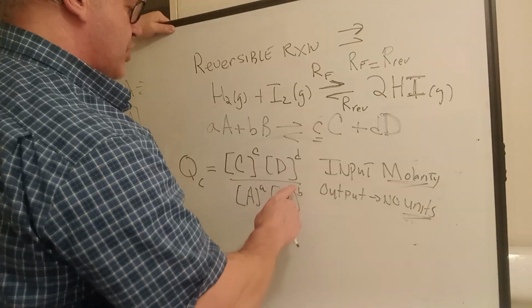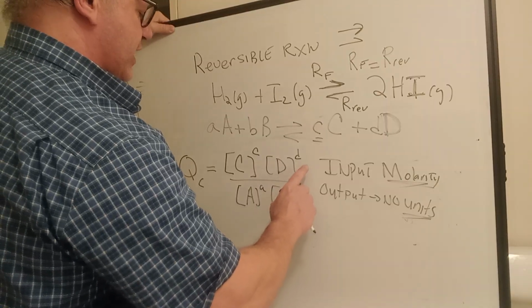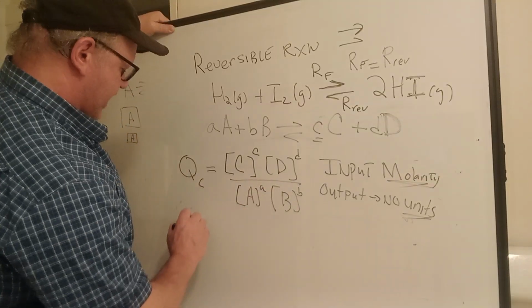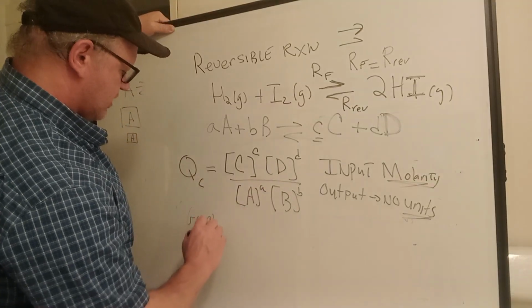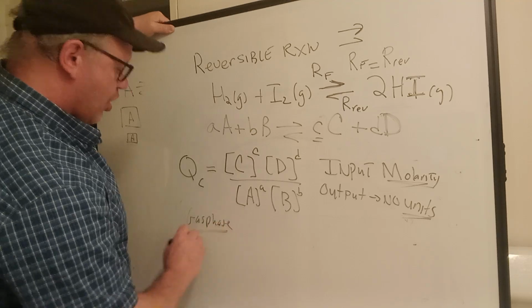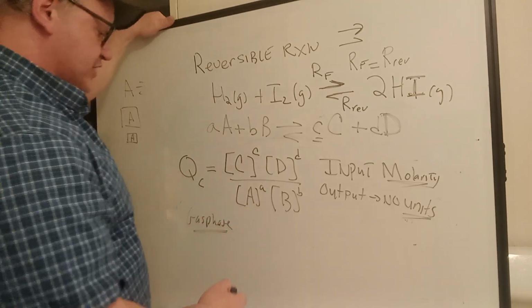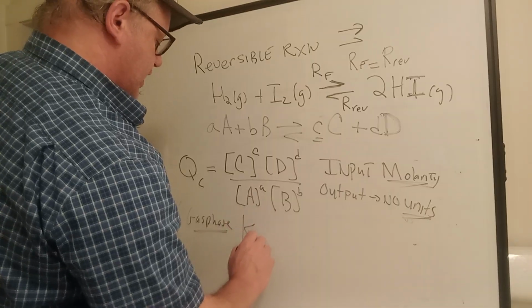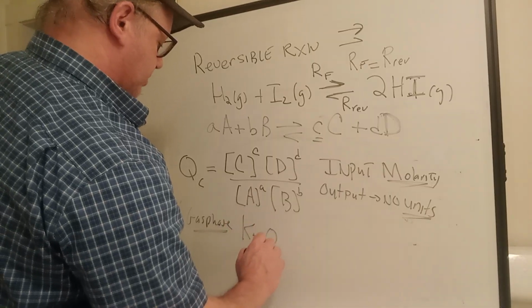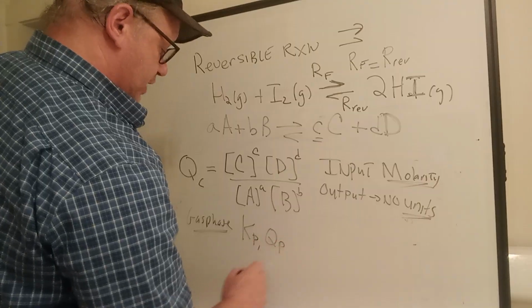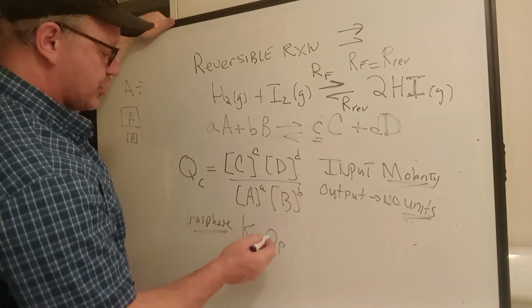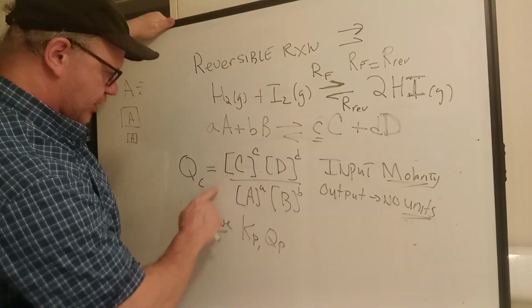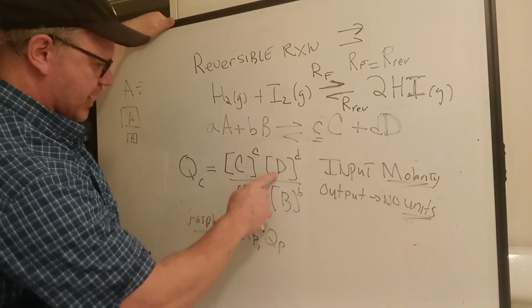In the aqueous phase, we're only going to report this in terms of molarity. In the gas phase, instead of having it in terms of QP and KP, we can also report the Q in this form with the molar concentrations.